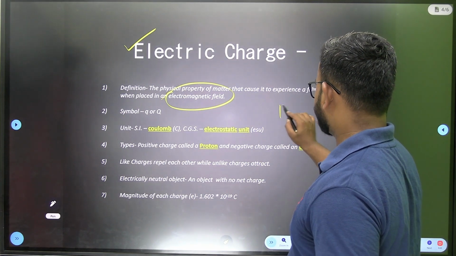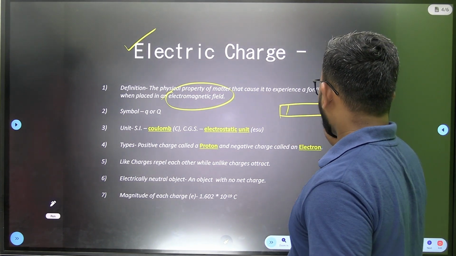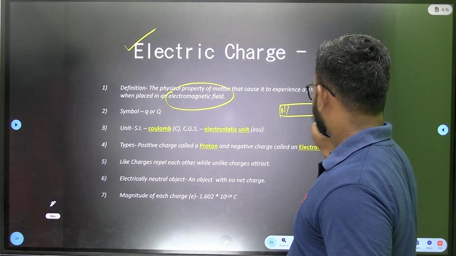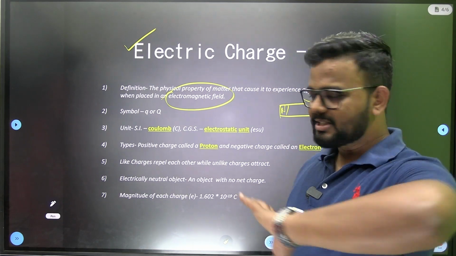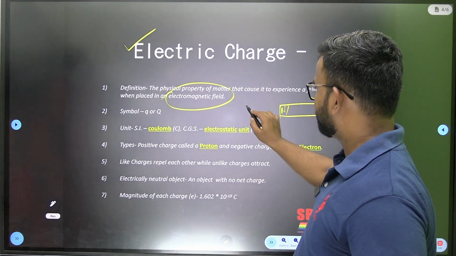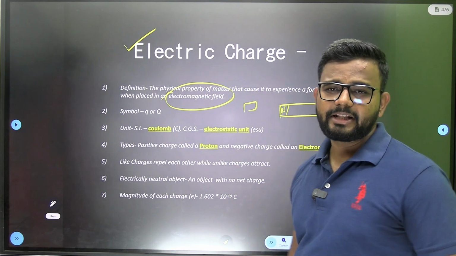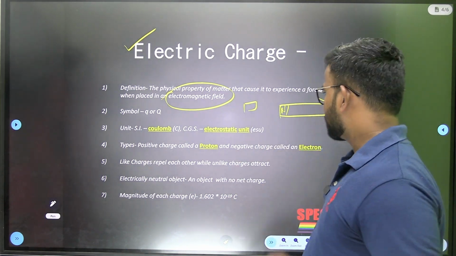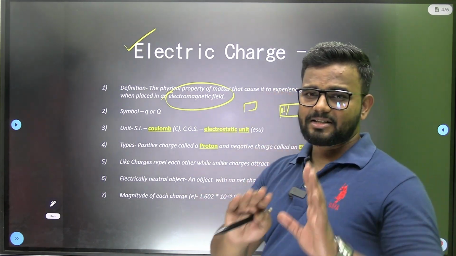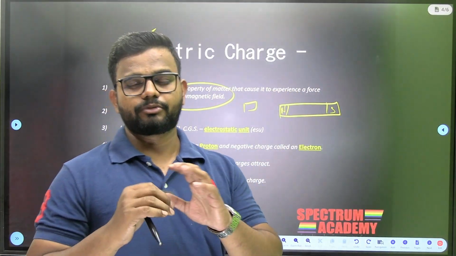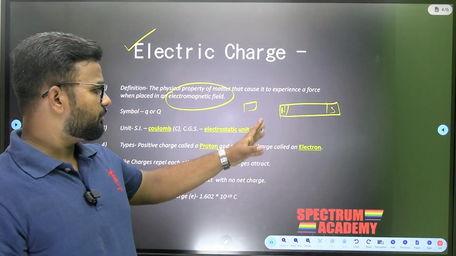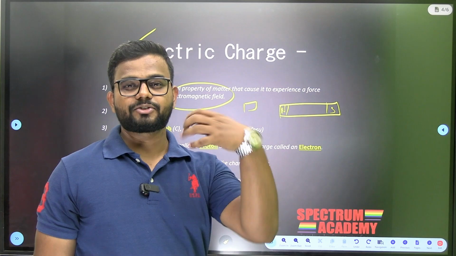Suppose we have a magnet, and what if I place a magnetic material just near to this magnet, any magnetic material, let's say a material made of iron. So this magnet will exert a force which would be of attractive type.